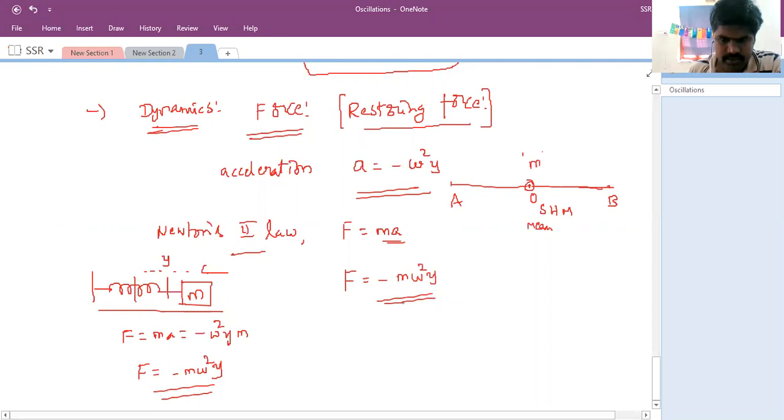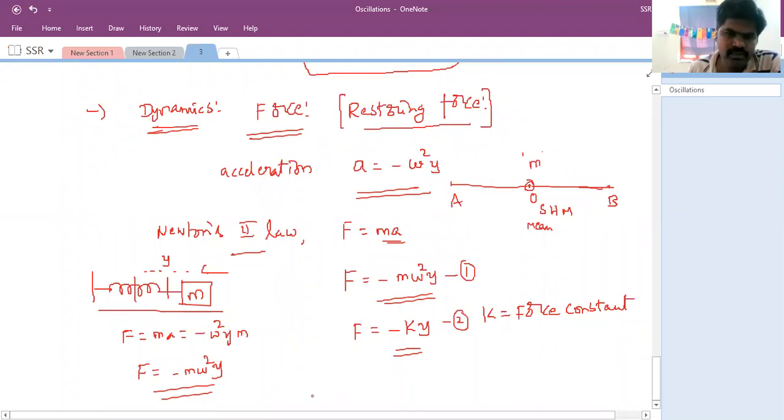By using Newton's second law, F is equal to minus m omega square y. Then this F we can also write as F is equal to minus ky, where k is the force constant. Before also I said minus ky, where k is the force constant. So if the particle is pushed by an applied force, then a restoring force will be established.